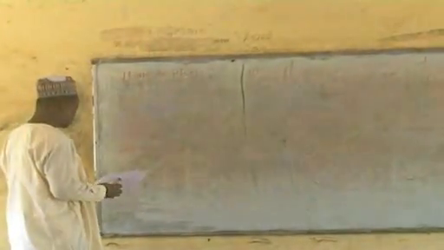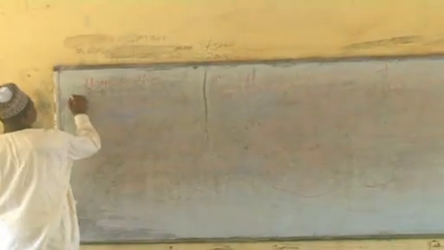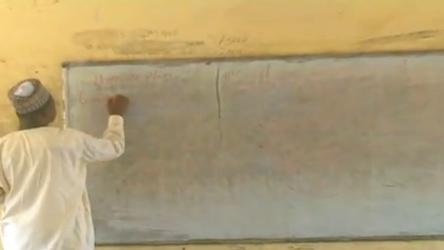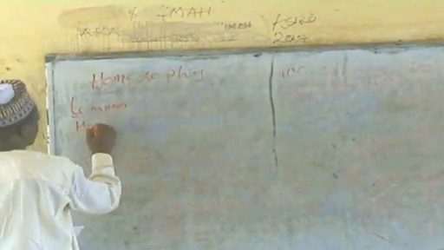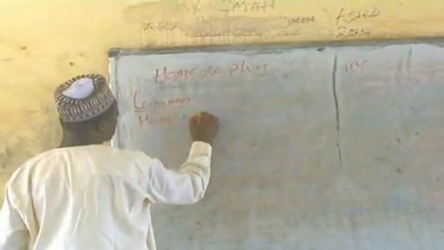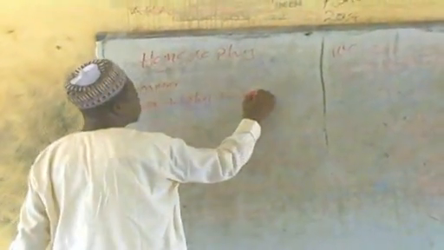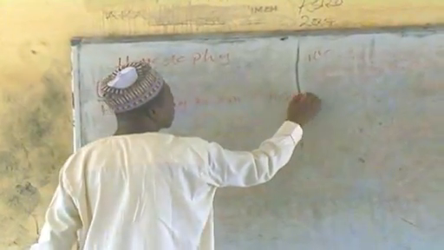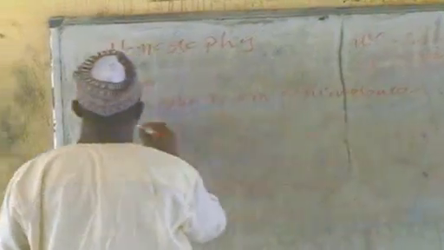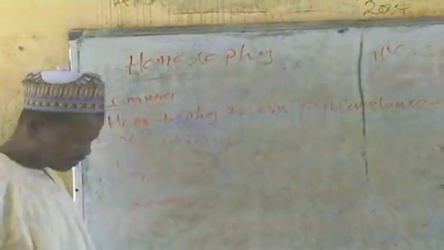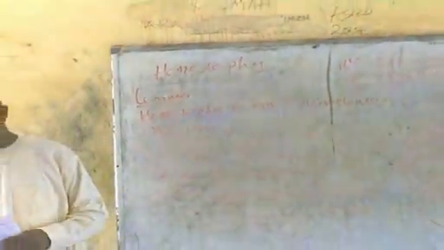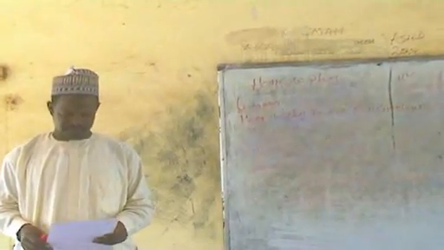So this lemma says homotopy is an equivalence relation.